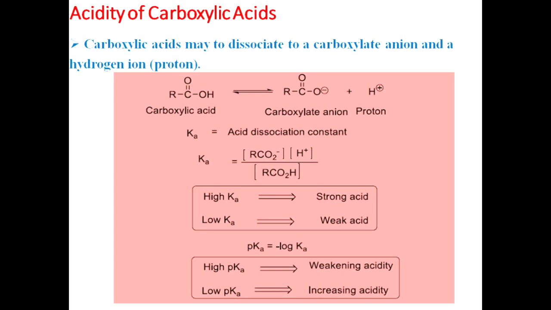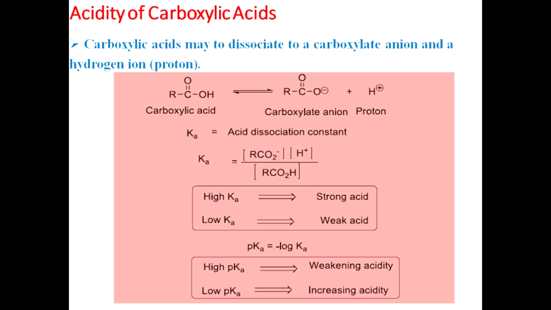Now, the acidity of carboxylic acid can be explained when the carboxylic acid is converted into a carboxylate ion and a hydrogen ion, by release of a proton. The formation of the carboxylate ion is the measure of the acidity. The more easily and frequently the proton is released and the carboxylate ion forms, the stronger the acid.